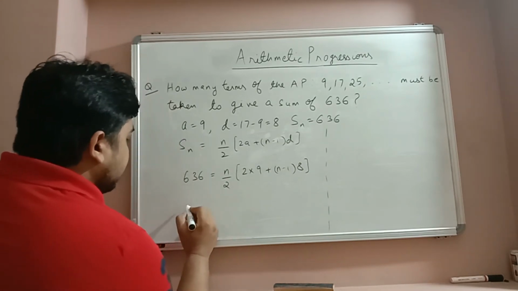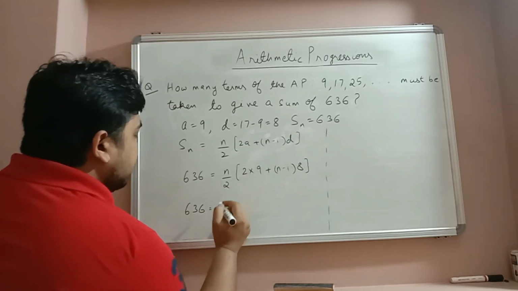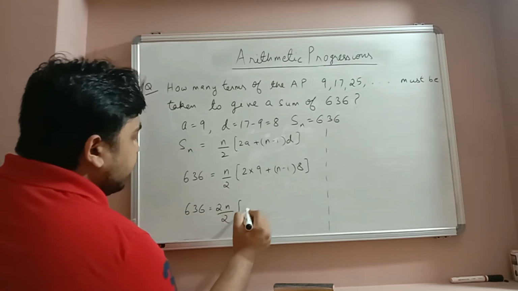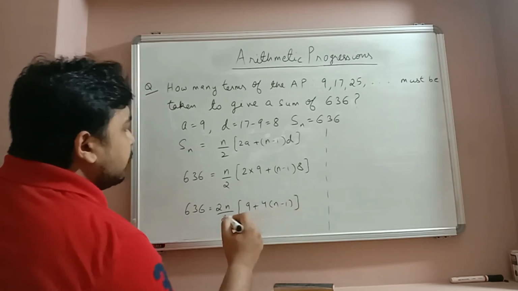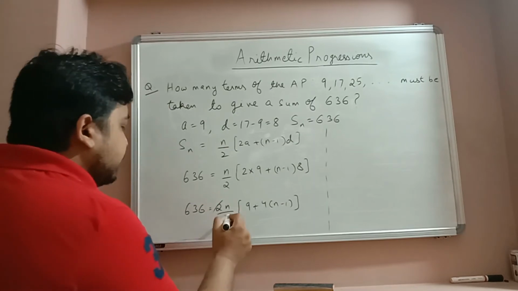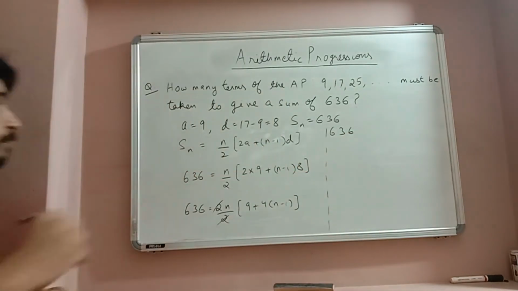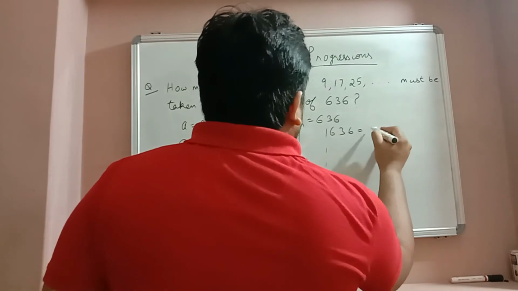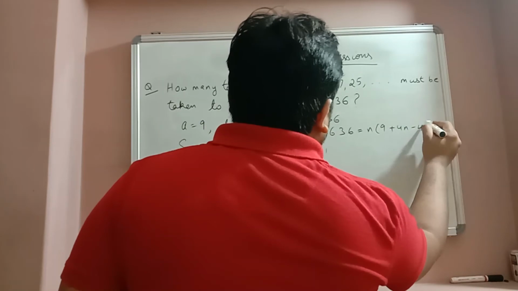Now this becomes 636 equals, 2 is common in this expression. So we'll get 2n upon 2 into 9 plus 4 into n minus 1. Alright, this 2 and 2 get cancelled. Now we are left with 636 equals n times 9 plus 4n minus 4.